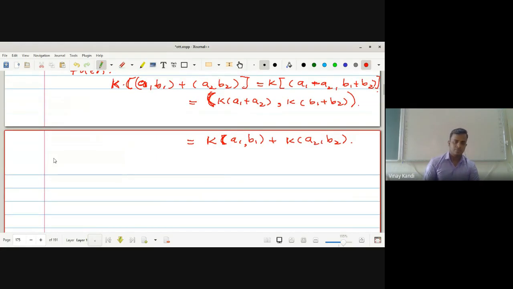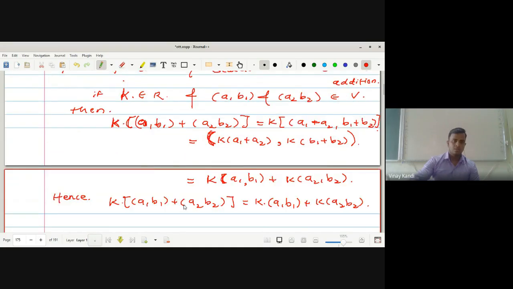Hence, we get k into these two vectors a1 b1 plus a2 b2 is equal to k into a1 b1 plus k into a2 b2. This is the seventh one.